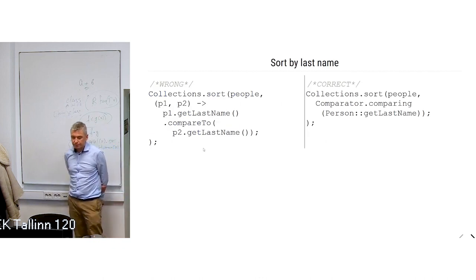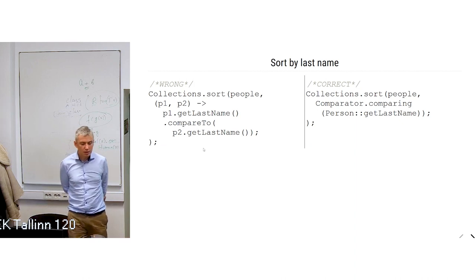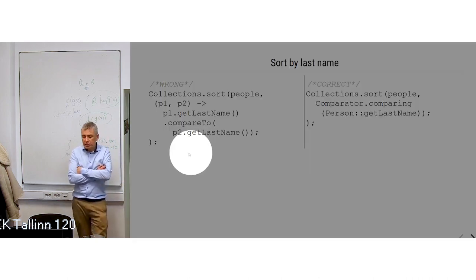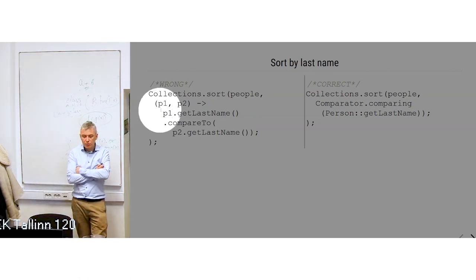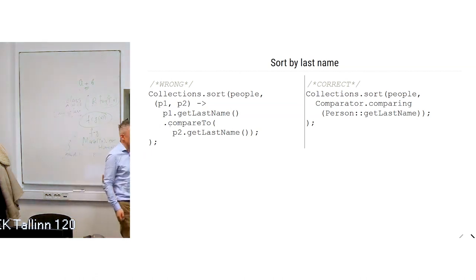So you can do it like this. For example, if we are going to sort them according to last name only, we can use a lambda expression. We can use an anonymous class, but I'm not showing you that.